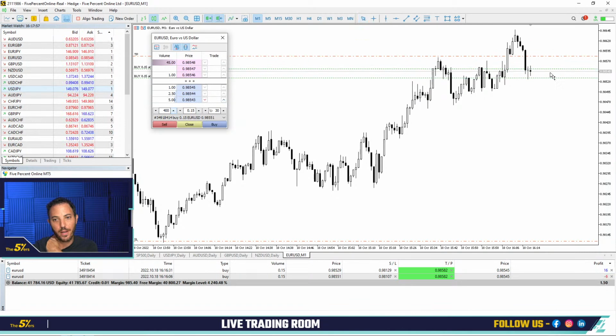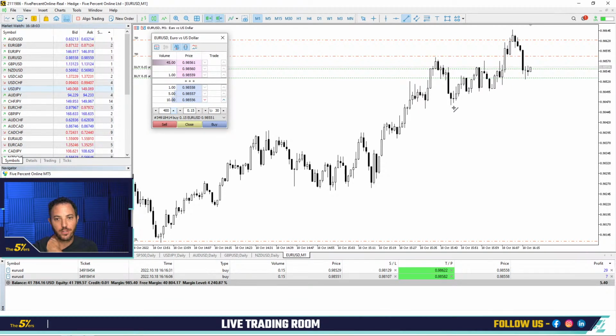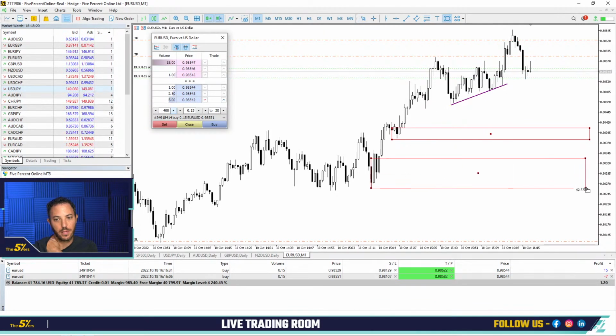I'll see how price forms there. If there are more sellers, we will see an easy break of this area, so I'll hold myself from building more positions, and then I'll wait for the market to come into lower areas such as this one, or maybe down here, to build other positions.